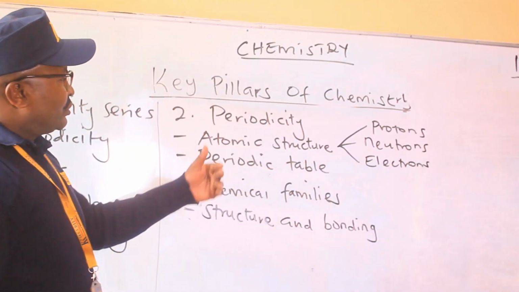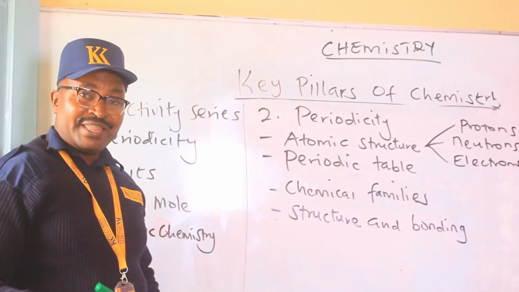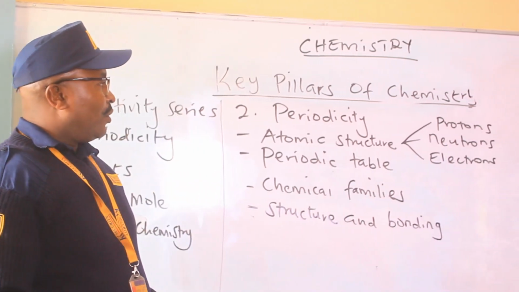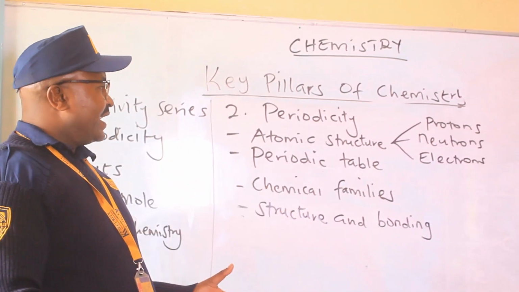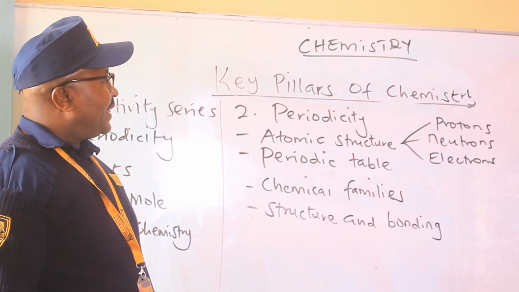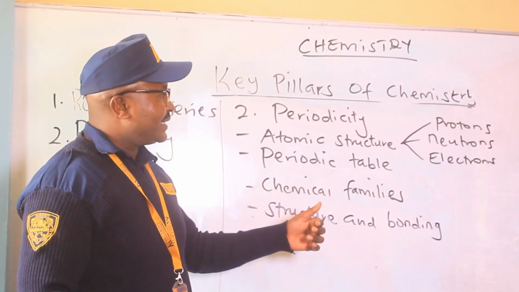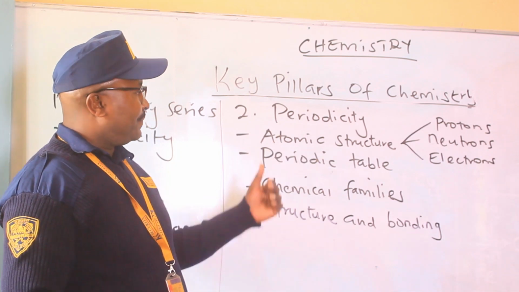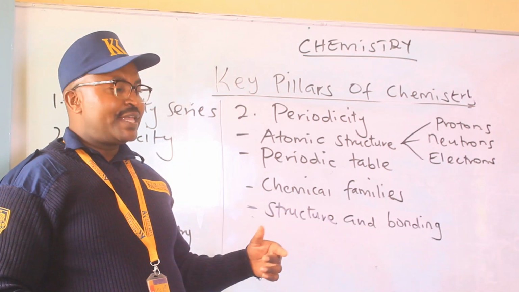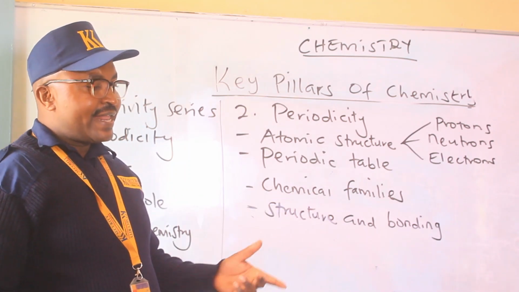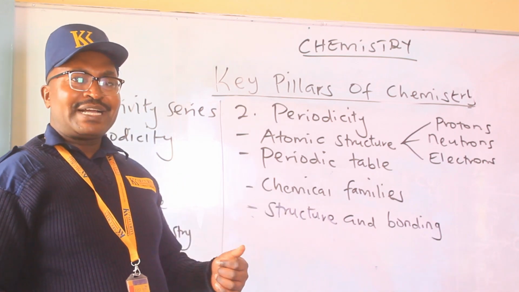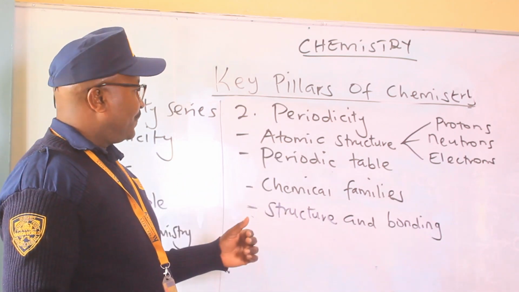The protons and the neutrons are found in the nucleus of an atom, while the electrons are found in the larger area of the atom. Then also, you need to understand the atomic number and the mass number. You need to differentiate between the two. The other area is the energy levels and the electronic arrangement of an atom.